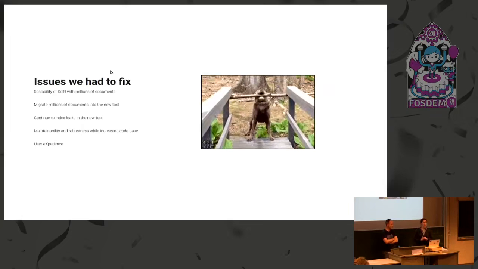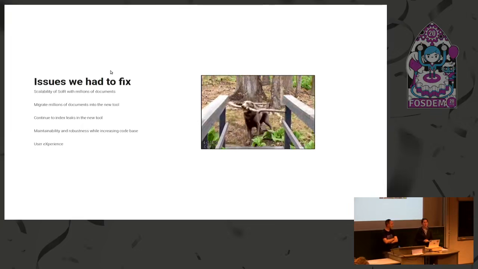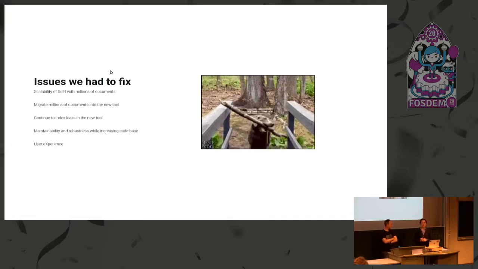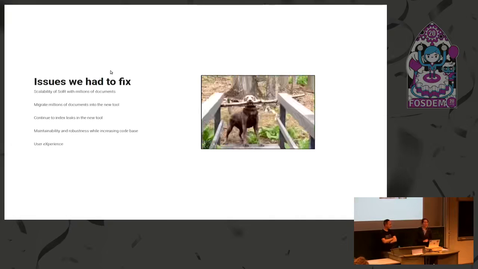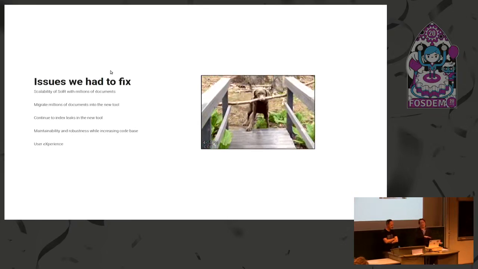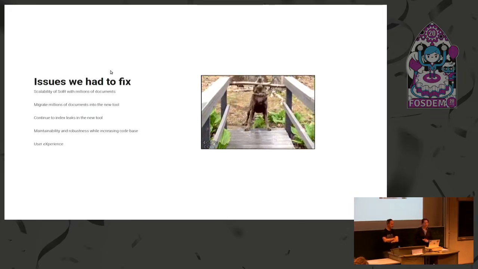We also faced a problem of scalability with the Solr index, because we had too many documents in it. So we wanted to migrate from Solr to Elasticsearch to avoid this problem.